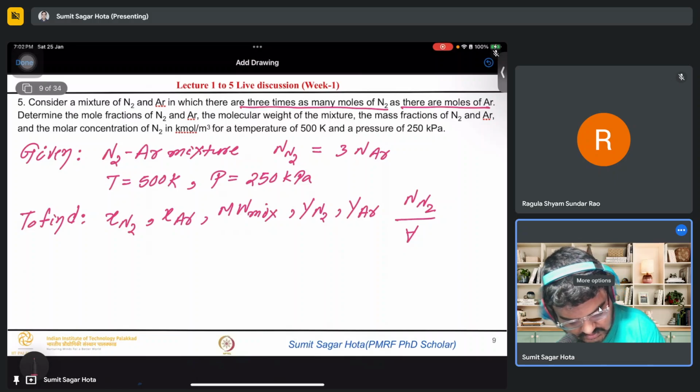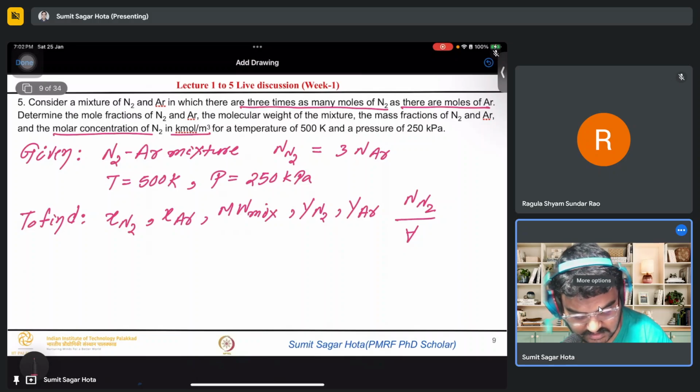That is actually the molar concentration of N2 in kilomole per meter cube. So let's do the solution.